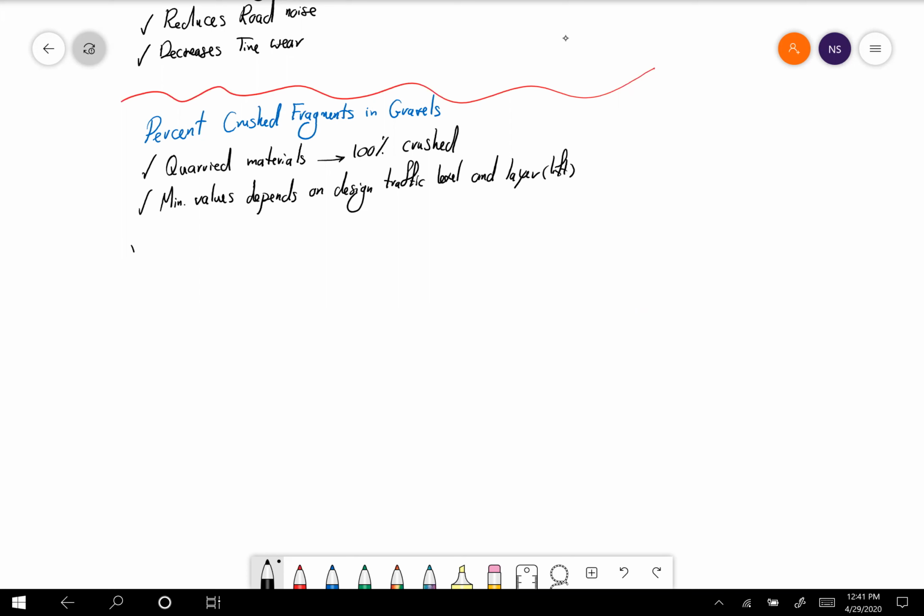And that percentage is defined as percent of mass of aggregates with one or more fractured faces or crushed faces.